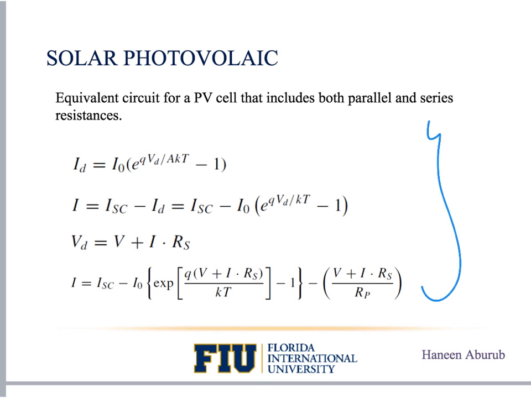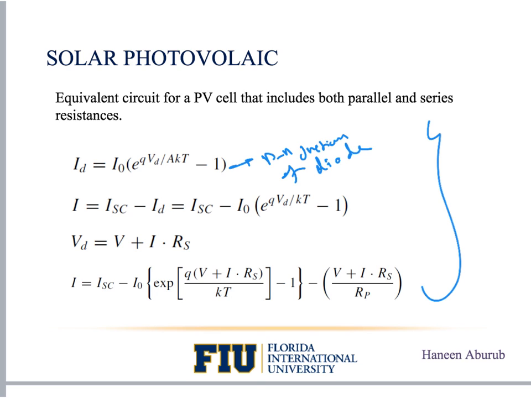The first equation represents the voltage-current characteristic curve for the PN junction that you learned about when you watched the YouTube video of the Shockley diode. So this describes the PN junction of the diode.